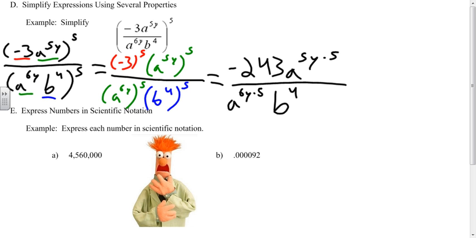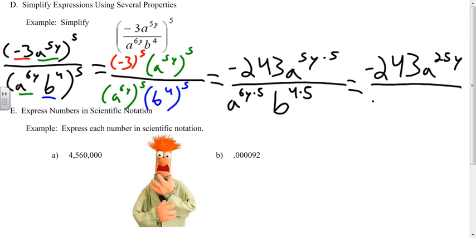And b to the 4th power to the 5th power would be b to the 4 times 5. We got one more step to simplify it. It would become negative 243 a to the 25y, because 5y times 5 is 25y. Same thing down here, we have a to the 30y and b to the 20th.